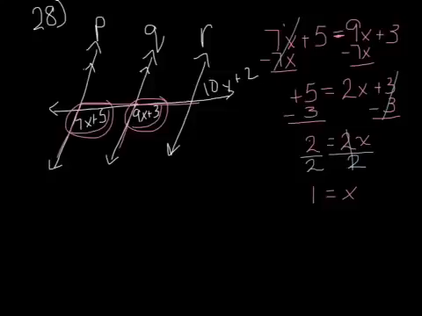Okay? Now, what do I know about this angle and this angle? I add them together, they equal 180. So let's go ahead and find out what that angle is. What am I going to do to find that angle?